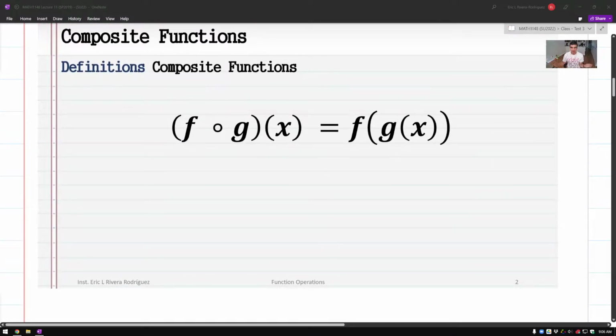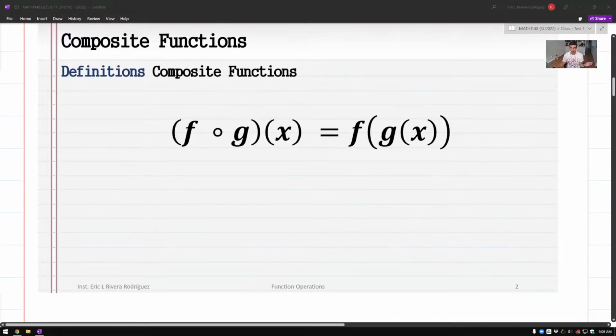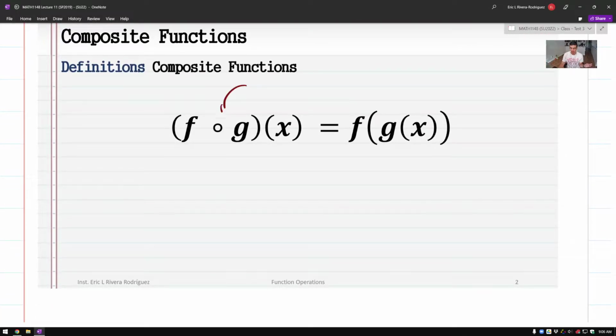We are going to start with composite functions. What is the meaning of this notation here? We have some functions f and g, and we are creating a new function based on those 2 functions, f and g, and this is the notation.